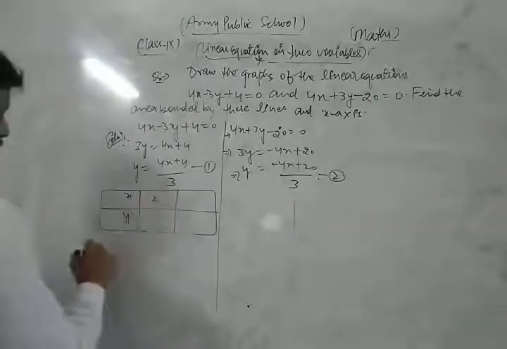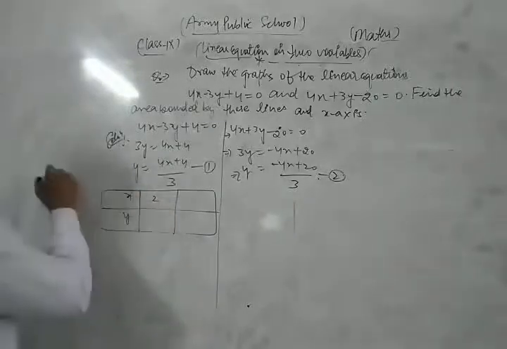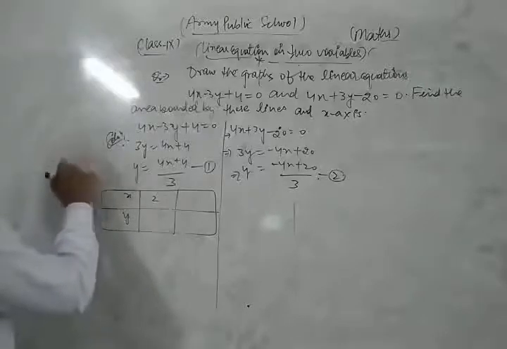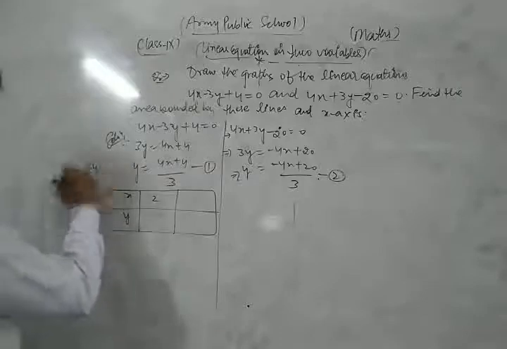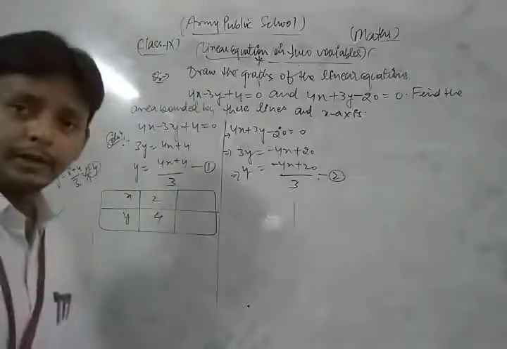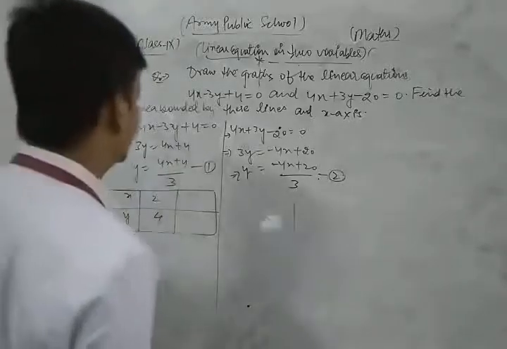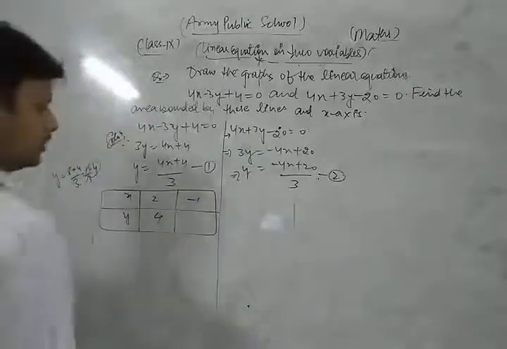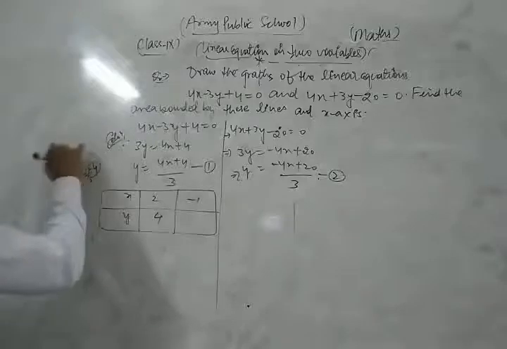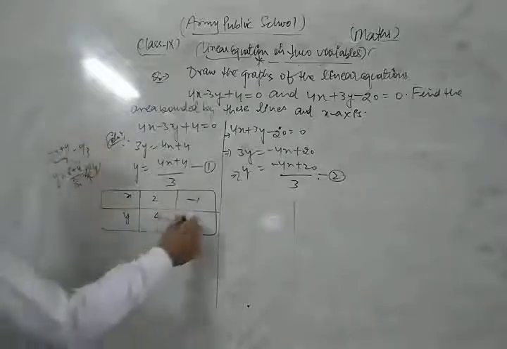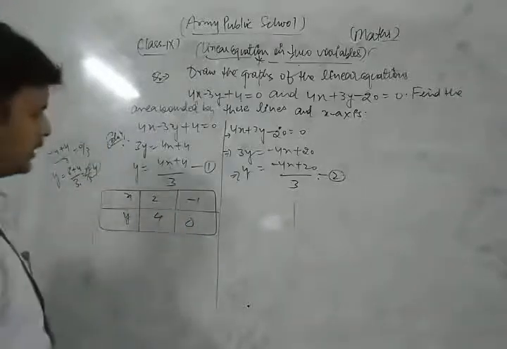If we put x is equal to 2, then y is equal to (8 plus 4) upon 3, which is 12 upon 3, so we get y is equal to 4. Now if we put x is equal to minus 1, then y is (minus 4 plus 4) upon 3, which is 0 upon 3, so we get 0. In this way we get 2 points.